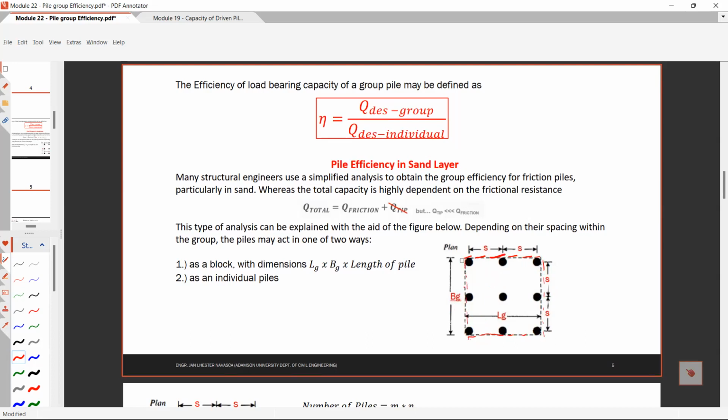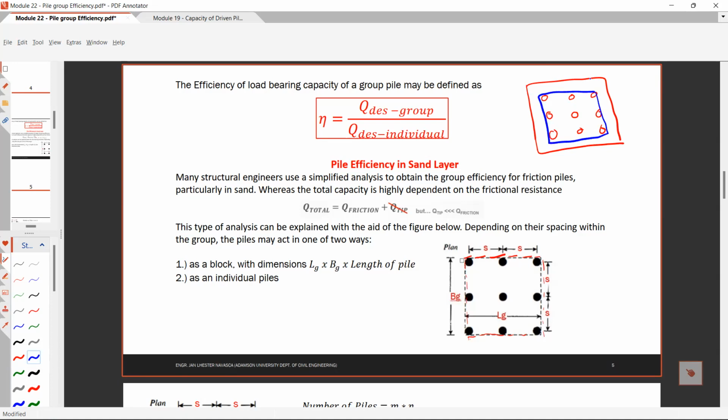Ito, for example, yung may pile cap. So kapag with pile cap siya, meron siyang edge spacing. Ito yung pile cap. But the only effective area is yung dito sa exactly outside of the piles.